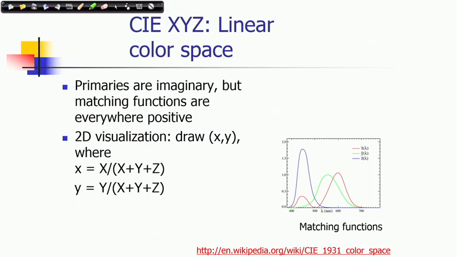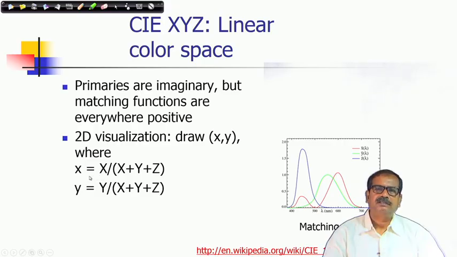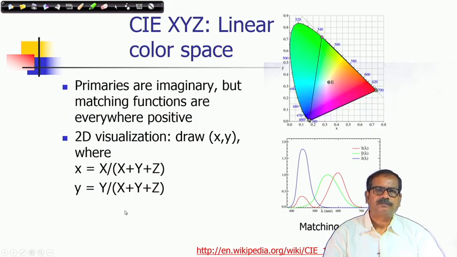So, if I can separate out this intensity from the other quantities, or normalize the color representation with respect to intensity, then this normalized representation can once again be represented in a two-dimensional space. That is the motivation for representing color in two dimensions, and the normalization of the XYZ components happens in this way. So, this is normalized x and this is normalized y.